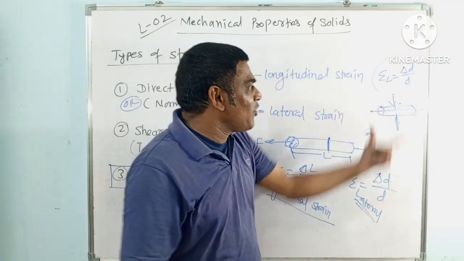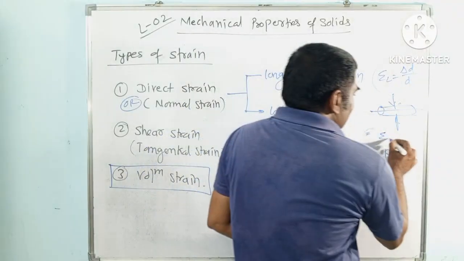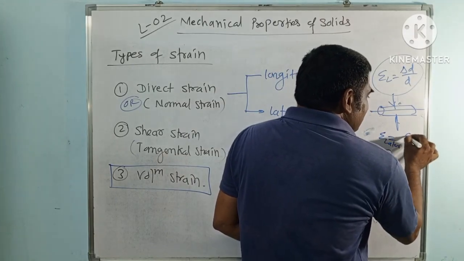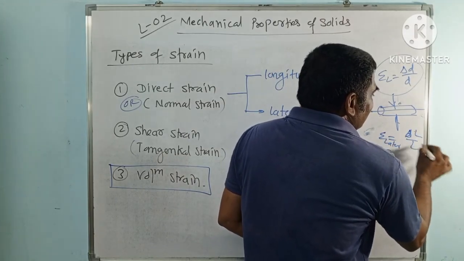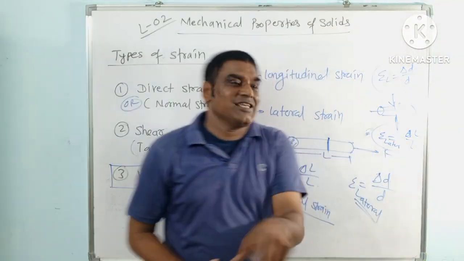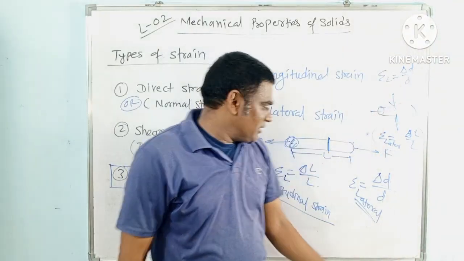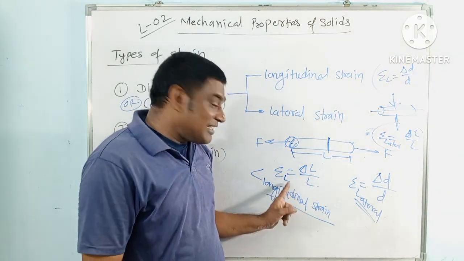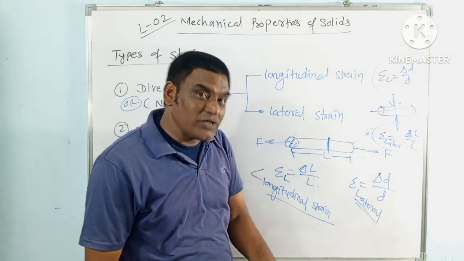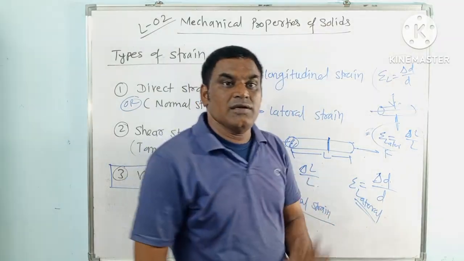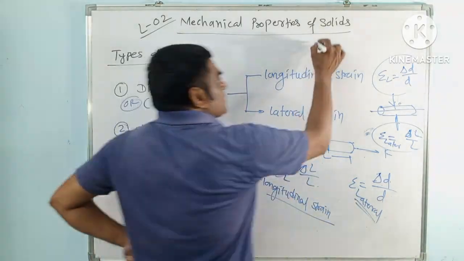So lateral strain will be what? Change in length by original length will be the lateral strain here in this case, and this is the longitudinal. In the earlier case, change in length by original length is the longitudinal strain, change in diameter by this is the lateral strain.